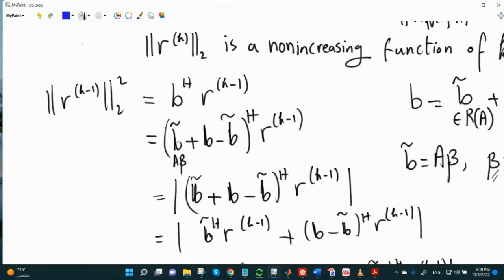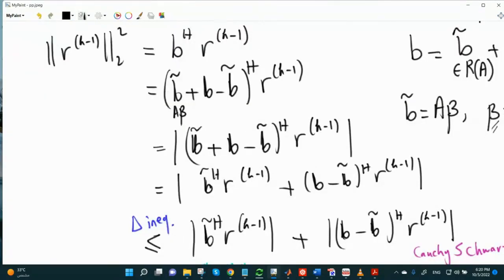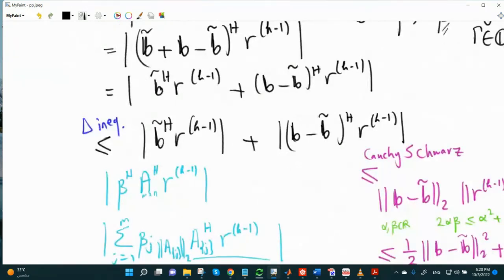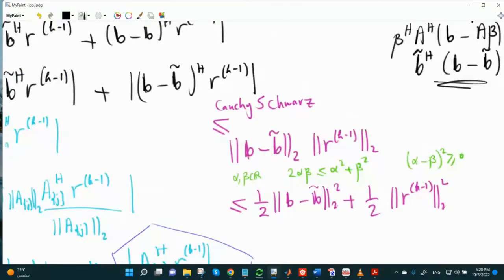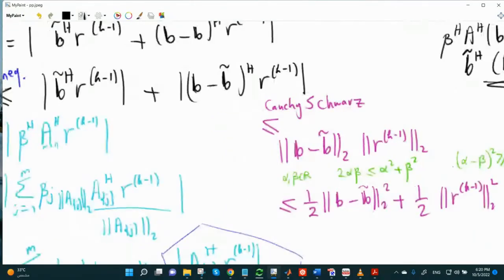To recap, we have this L2 norm squared of the residual vector r_{k-1}, and we split vector b into the component A beta, or b tilde, which is in the range of matrix A, and another component b minus b tilde, which is not in the range of A. We split this into two terms. For one term, we upper bounded by the Cauchy-Schwarz inequality and by the inequality that for two real numbers, the square of alpha minus beta is greater than or equal to 0.